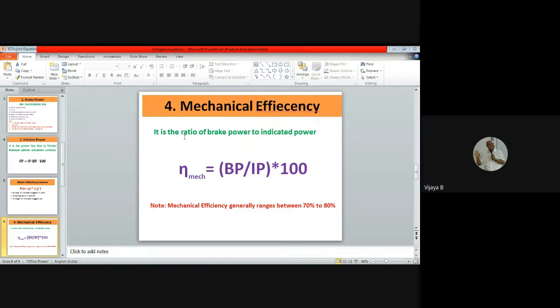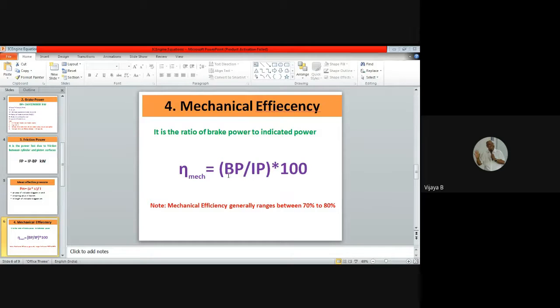Then the next equation is mechanical efficiency. Generally, efficiency is termed as the ratio of output to the input. When it comes to an engine, it is the ratio of BP by IP, because BP is the output of an engine and IP is the input of the engine. Therefore, mechanical efficiency is BP by IP into 100, since efficiency is always expressed as a percentage.